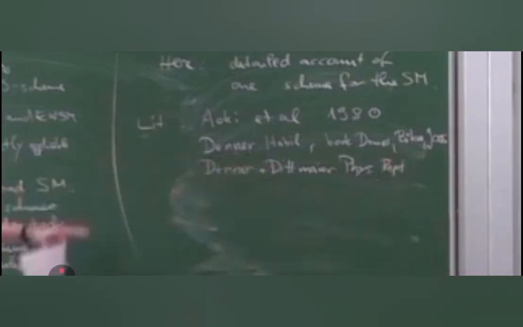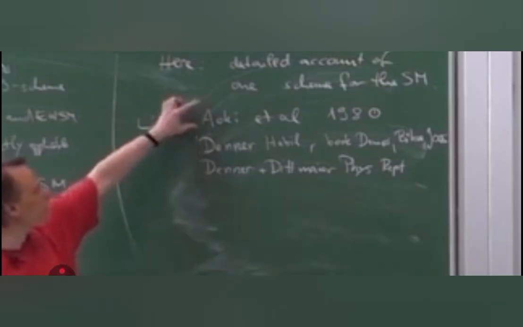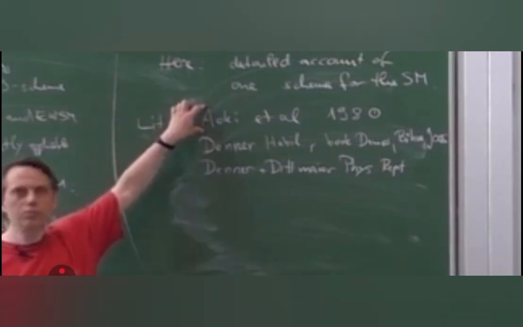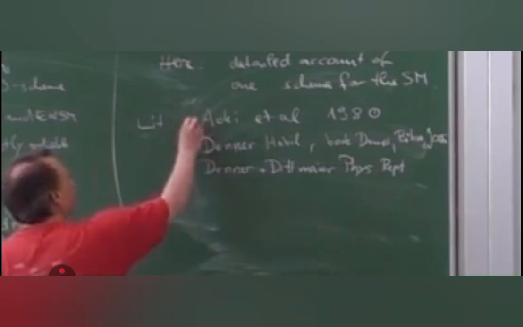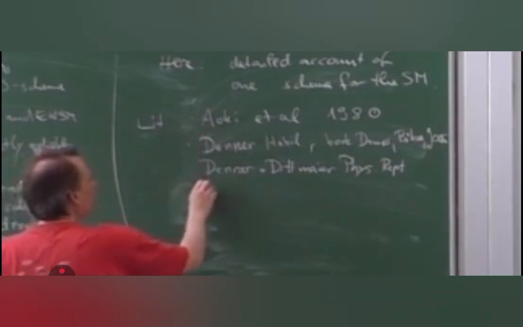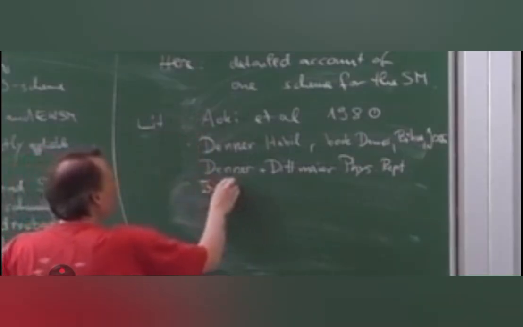And in all these 3 references they explain basically the same renormalization scheme as Aoki et al., but in a slightly modernized and also extremely systematic form. And the third reference would be by Böhm, Hollik, Spiesberger.